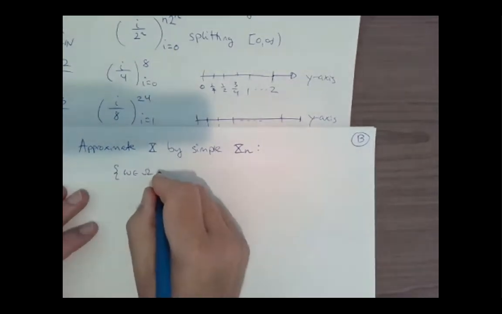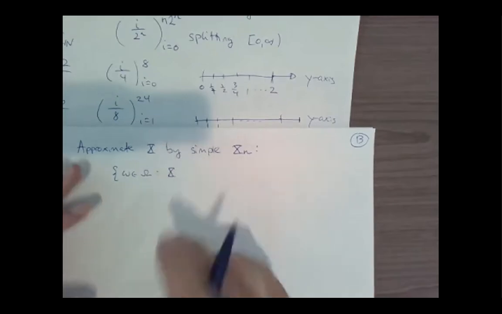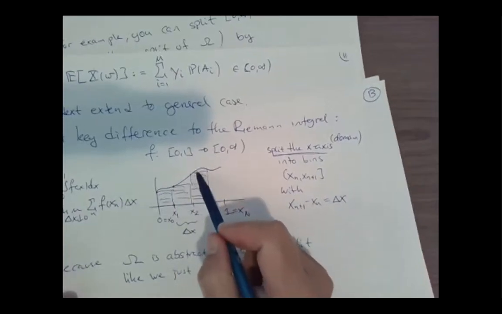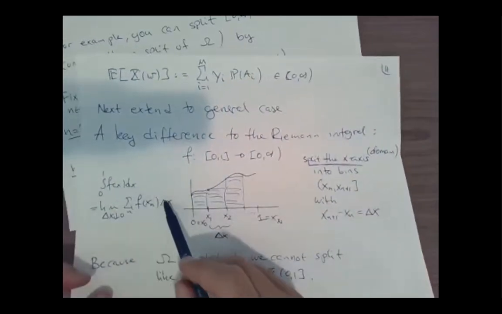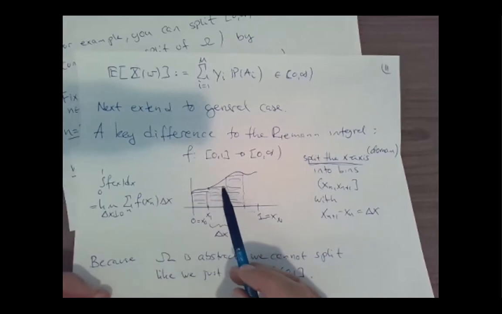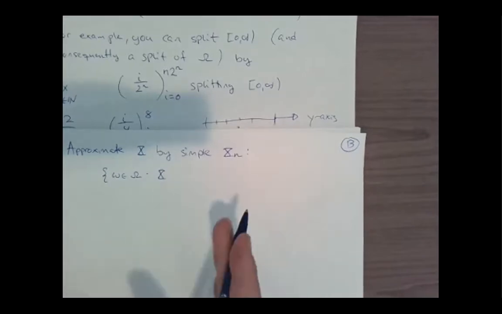I'm looking at the set of omegas for which my random variable that I'm trying to approximate, just as we were trying to approximate this function here by these rectangles. Like this f of x here is going to get approximated by a function which is flat, and then jumps, flat, and then jumps. So we're trying to do something similar here, but instead of splitting the horizontal axis, we're splitting the vertical axis.